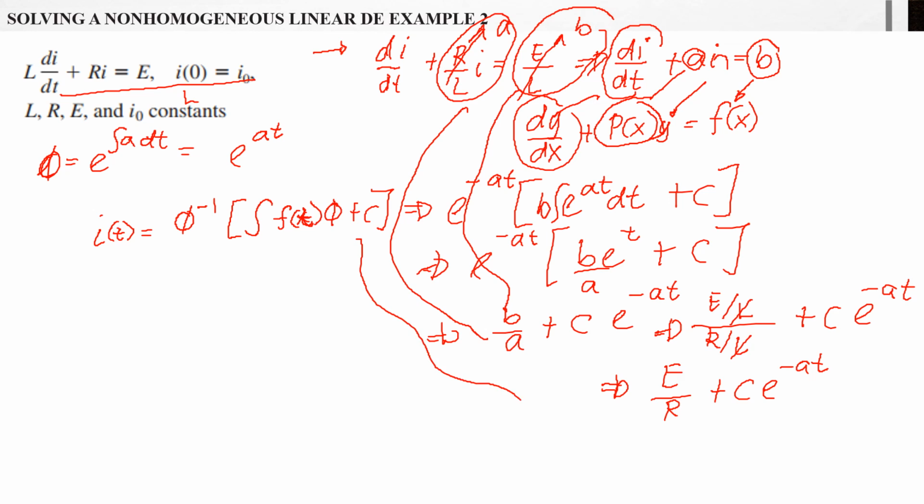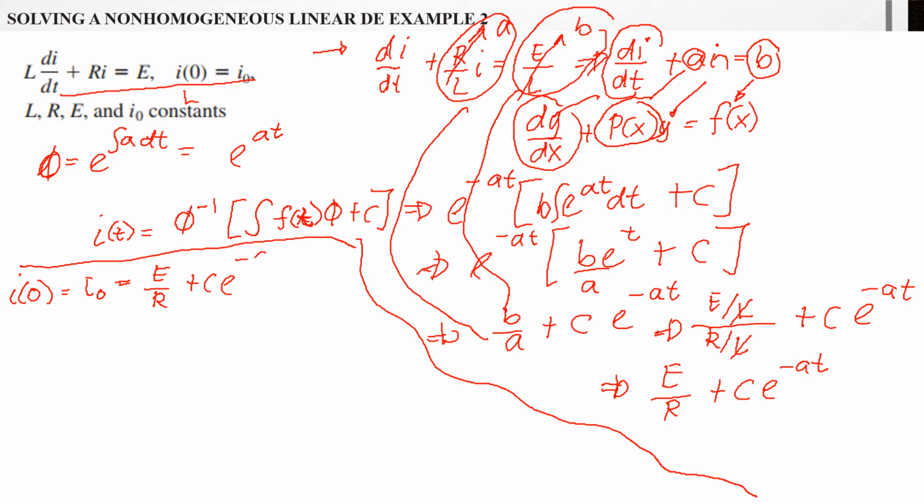Okay. Oops, we went too far on this side. So to find the particular equation at I of 0 is equal to I sub 0, which is constant, it is equal to E over R plus c e^(-A times 0).